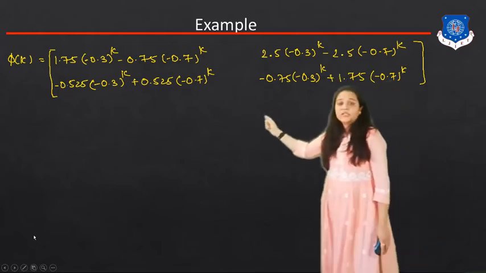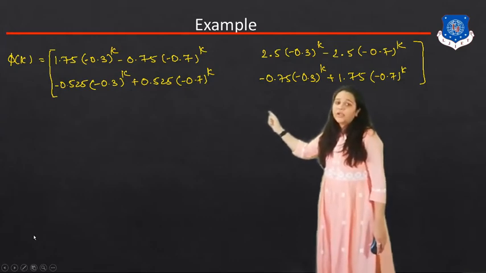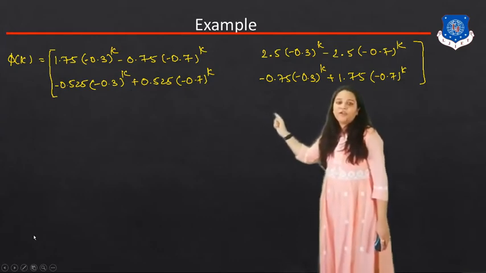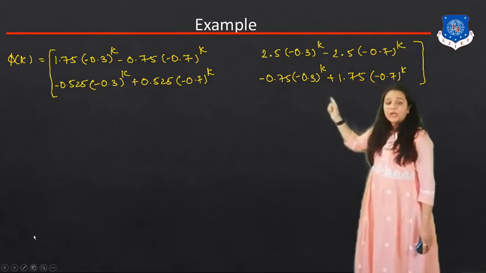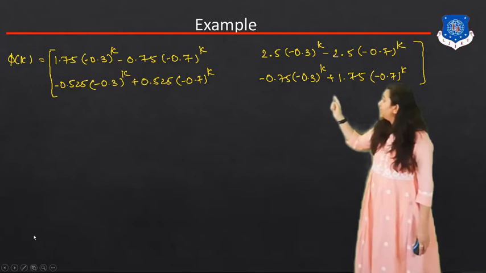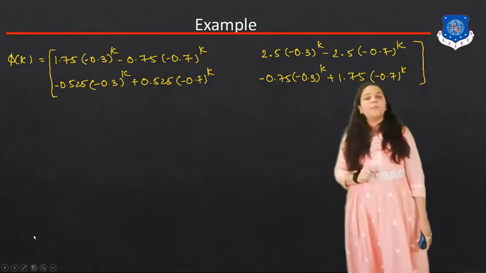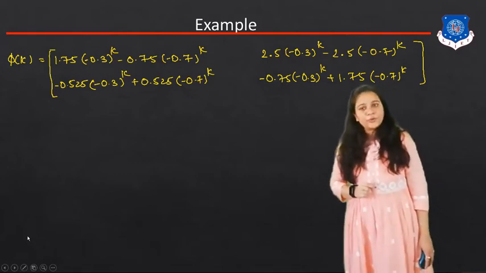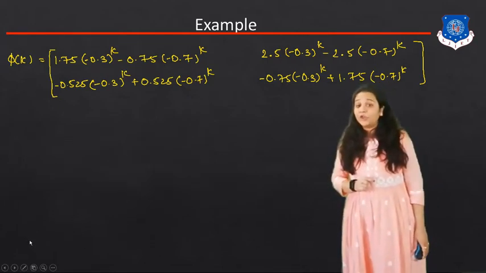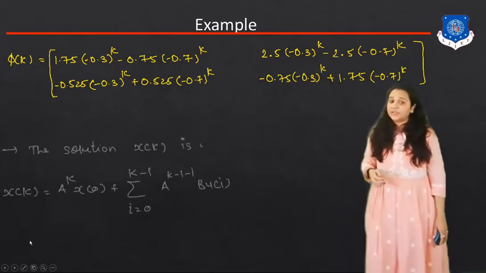Here minus 0.525 times (minus 0.3) raised to k plus 0.525 times (minus 0.7) raised to k, and here minus 0.75 times (minus 0.3) raised to k plus 1.75 times (minus 0.7) raised to k. So this is my value of phi of k, and phi of k is nothing but the state transition matrix.